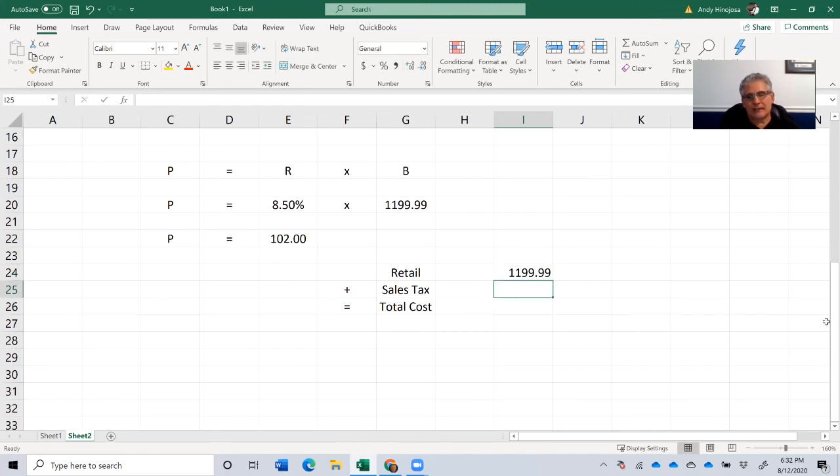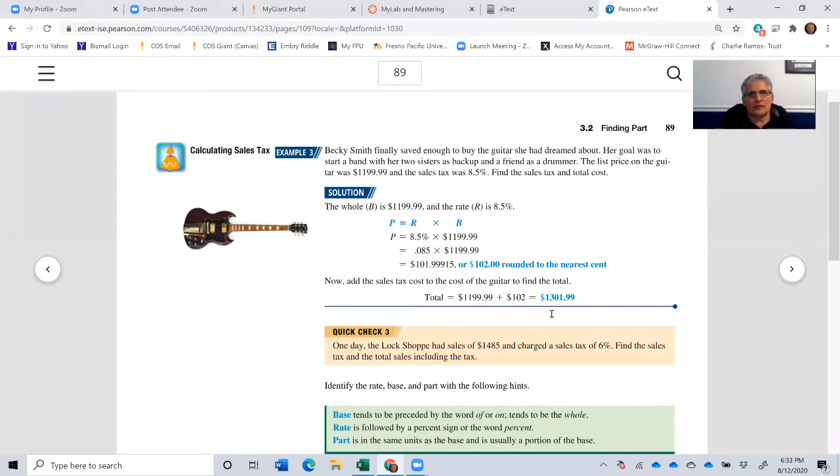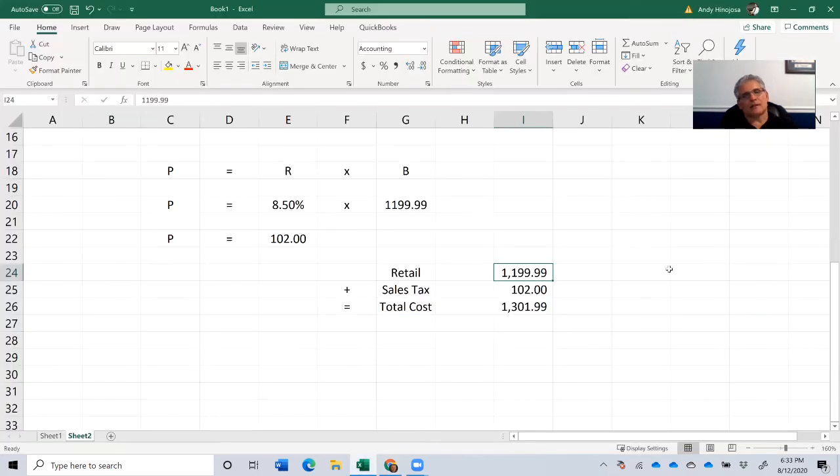The part, or the sales tax, is 102, which means the total cost is going to be $1,301.99. If we're going to be rounding it to the nearest cent, we're going to take the retail price of $1199.99, add the sales tax of 102, and that's going to give us a total of 1301.99.